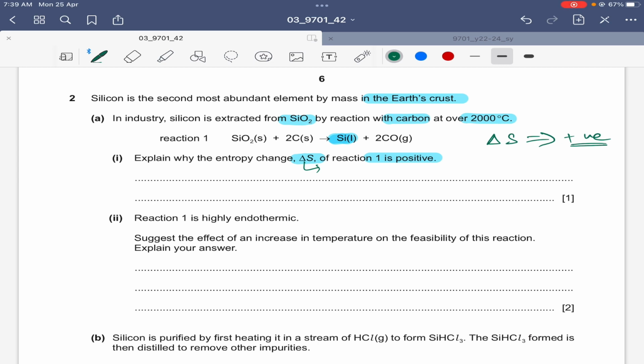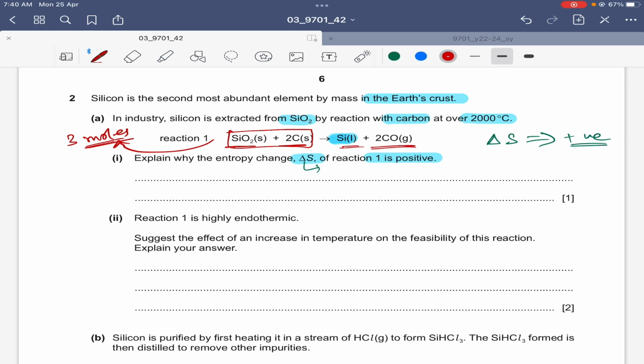If we look at the reaction, on the reactant side we have 1 mole of SiO2 and 2 moles of carbon. So on the reactant side we have a total of 3 moles of solid. On the product side we have 1 mole of liquid and 2 moles of gas.